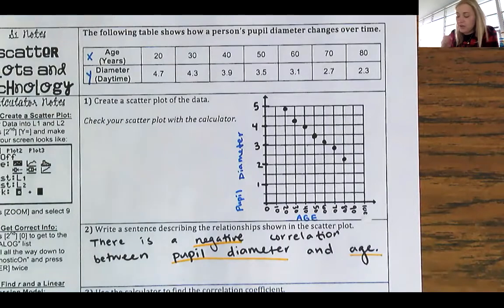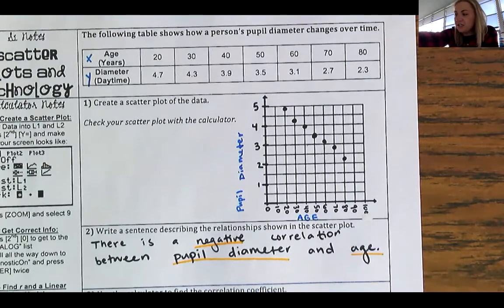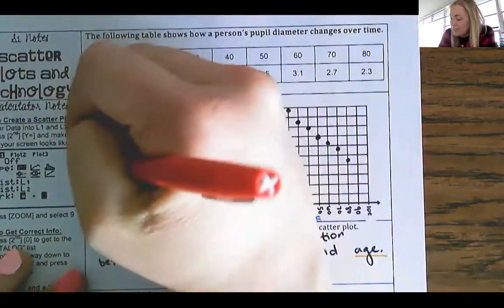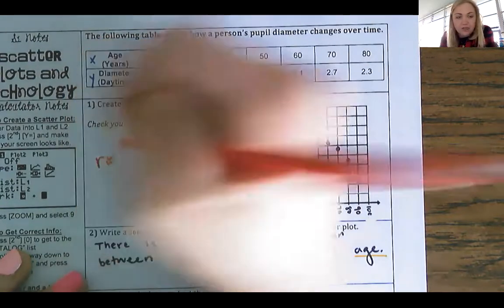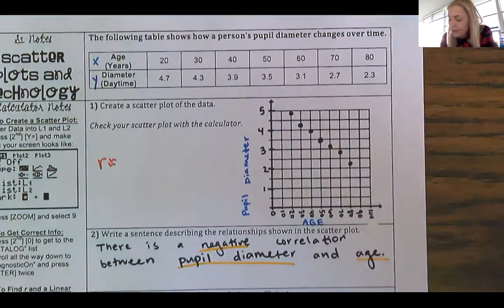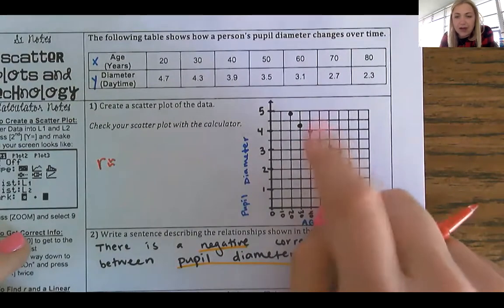Okay, we are going to also give an estimation for our correlation coefficient. So I want you to estimate what your correlation coefficient would be here. Now I keep saying correlation coefficient rather than the letter because sometimes when I say the letter, you forget what the title is for that letter. So let me remind you, if you've forgotten, we are estimating our correlation coefficient, which is R. What would you say about R from this graph?